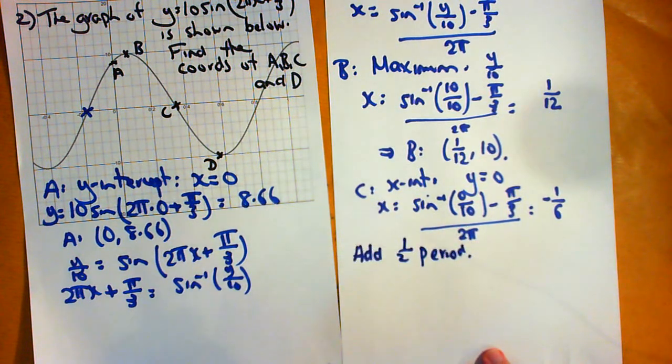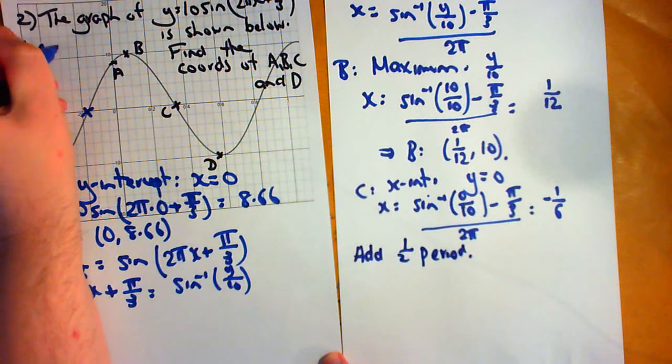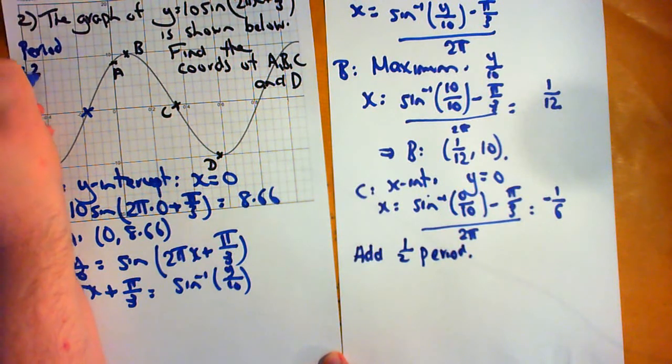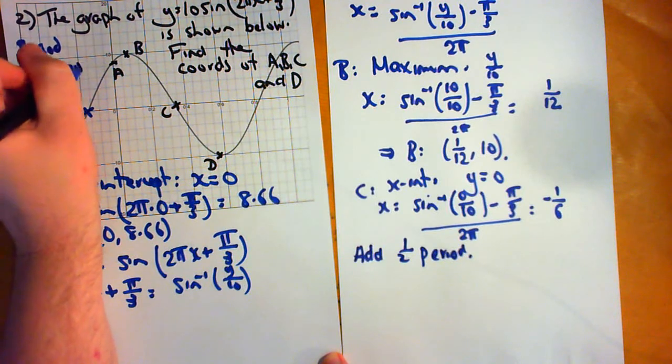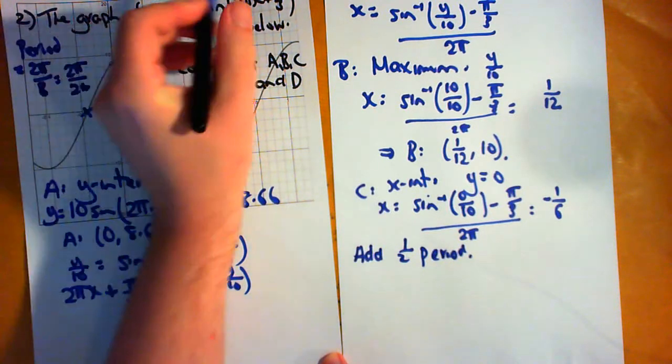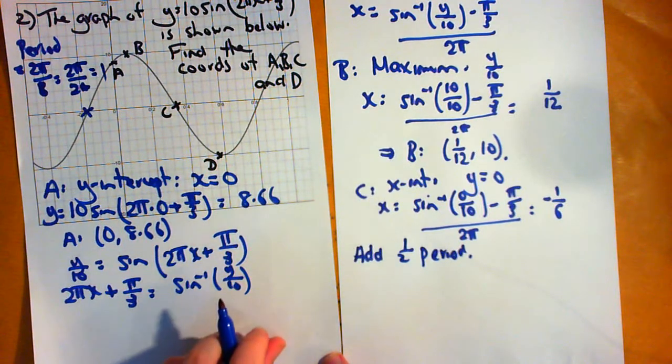So we need to figure out what the period is. Period is going to be 2π over b, which is 2π over 2π because that's what multiplies the x. So we get a period of 1.